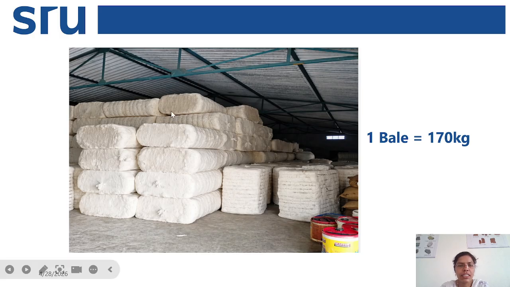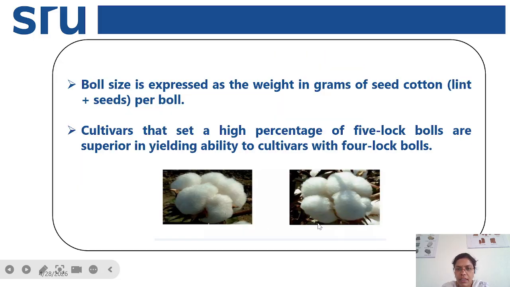And next, in the textile industry, after we sell our cotton produce to them, they'll do it like this. Here you can see this is one bale. One bale is nothing but the result of ginning. Ginning is the removal of the lint from the seed.